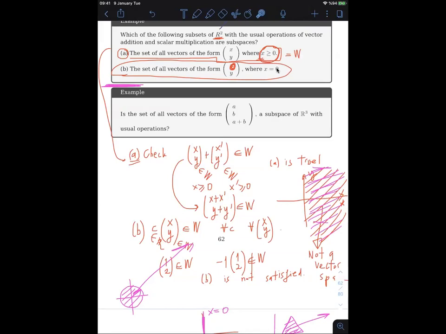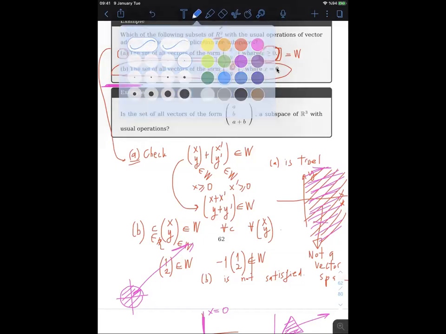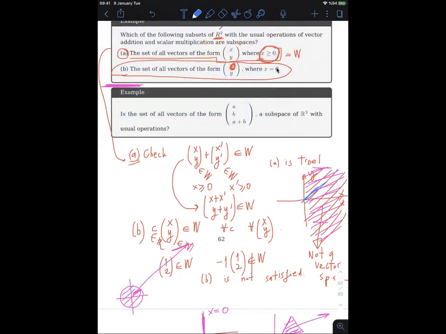So this region is not a subspace. If you remember, if we take a vector like this, and I multiply it by -1, I get a vector in the opposite direction, which is not in that region.